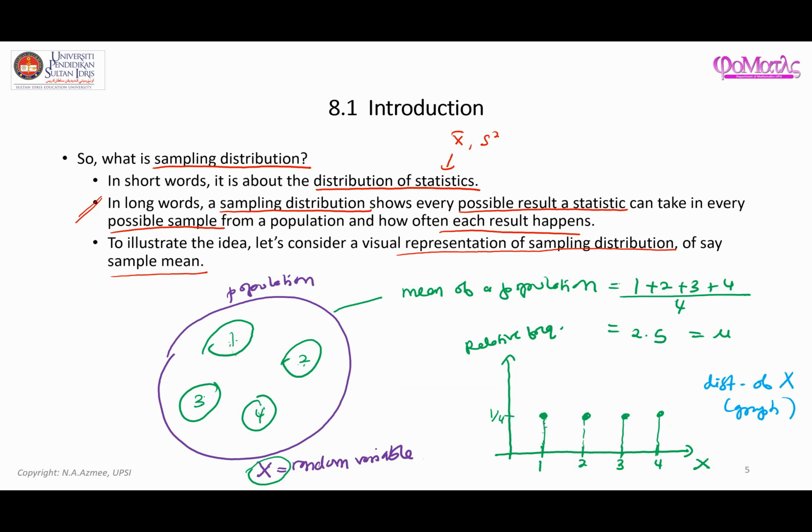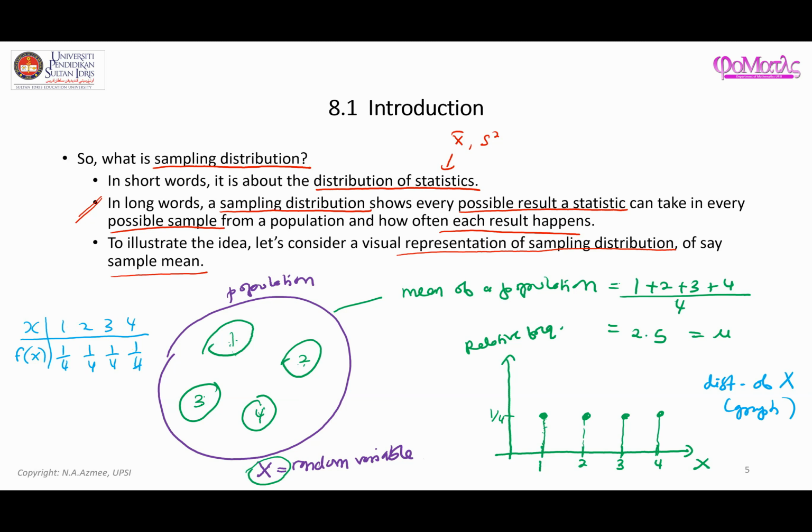If you want to represent it using a table, then you can write down x as such: 1, 2, 3, 4, and the probability of it is 1/4, 1/4, 1/4, and 1/4. So that's the idea of distribution, and this represents the distribution of x.